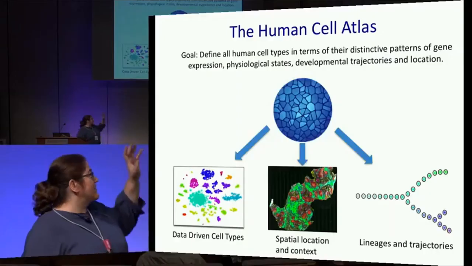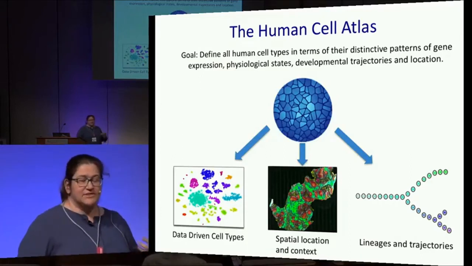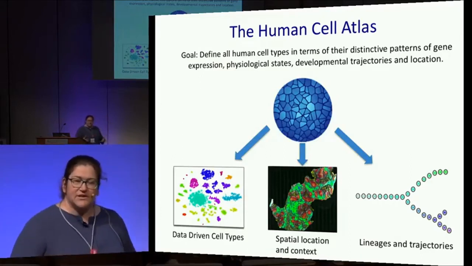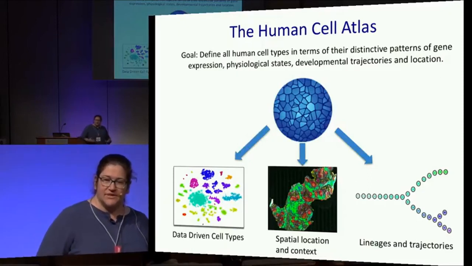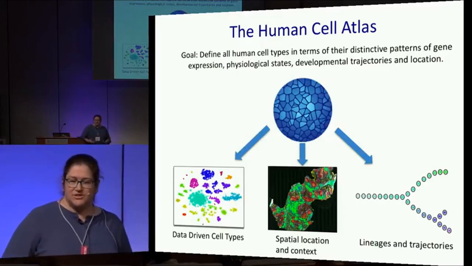We're going to have spatial maps using some of these rapidly evolving multi-dimensional spatial technologies for both RNA and protein. And we're also going to organize these things in lineages and trajectories, both developmental, how cells develop down a developmental lineage, but also in terms of cell transitions and how cells transition from one cell state to another. And this is going to be a deep organization principle.